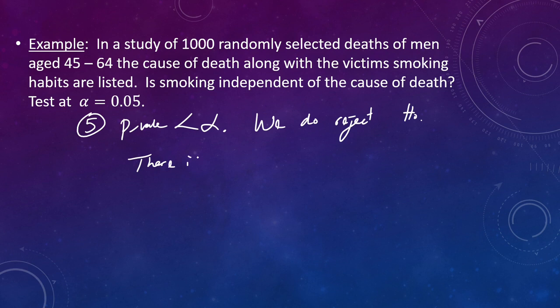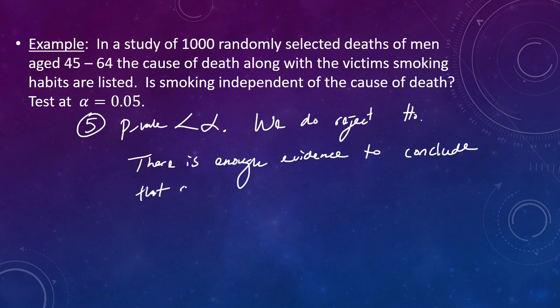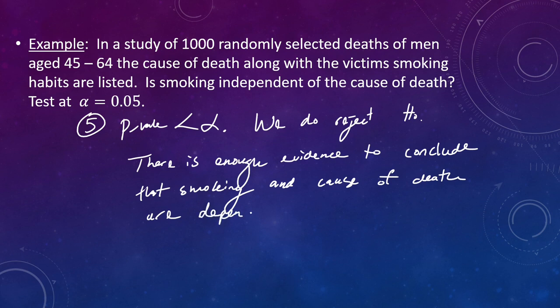There is enough evidence to conclude, and remember our conclusion is always in terms of HA, so I'll copy HA here. There is enough evidence to conclude that smoking and cause of death are dependent.